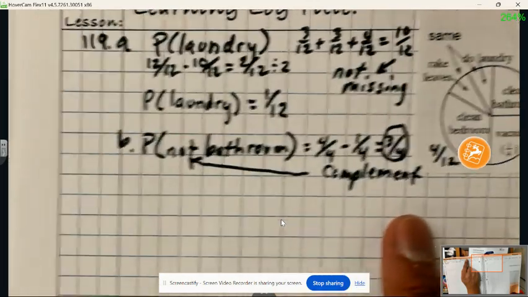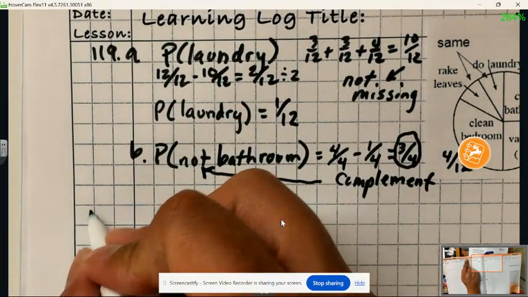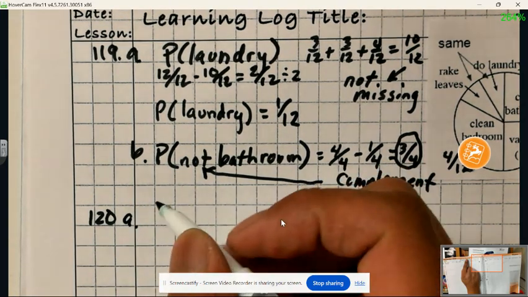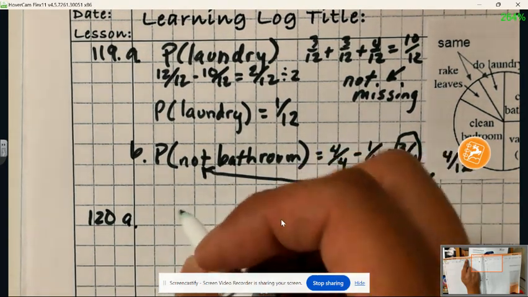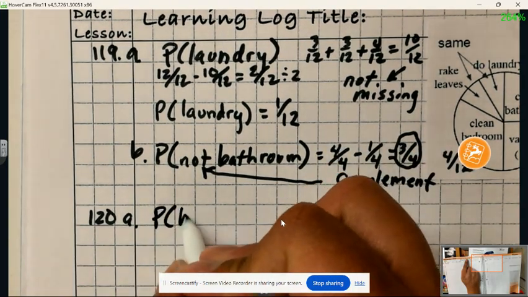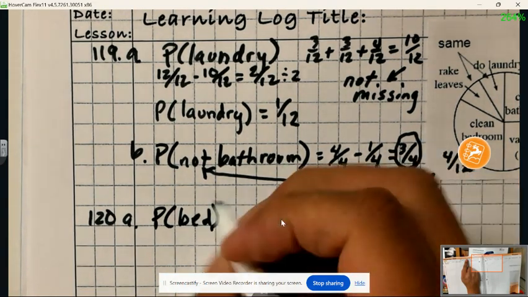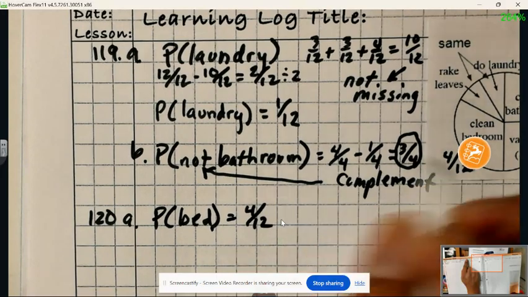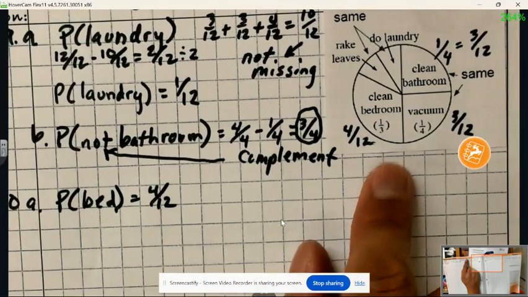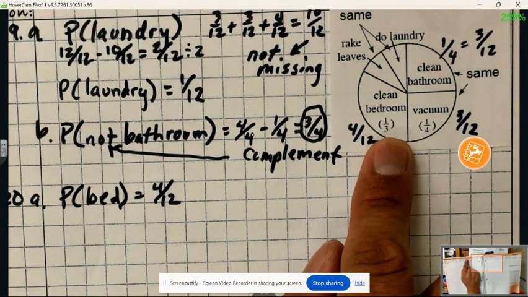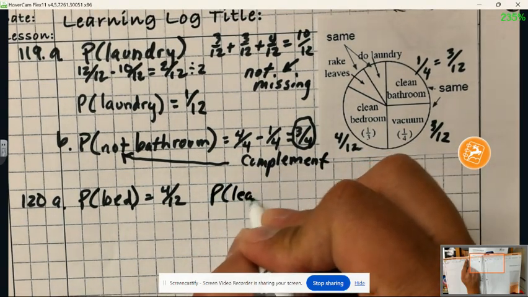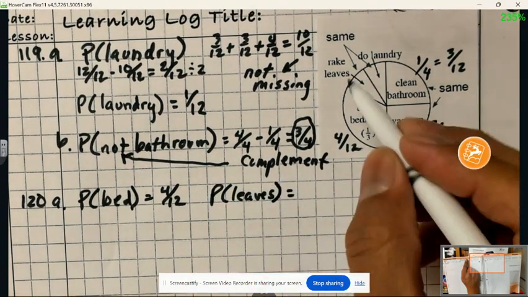Okay, so this is problem number 120, question A. We know the probability of the bedroom, we'll just put bed, is 4/12, because we know that we're going to be dealing with sums and differences here. So the bedroom is 4/12, and we know that raking the leaves is 1/12.